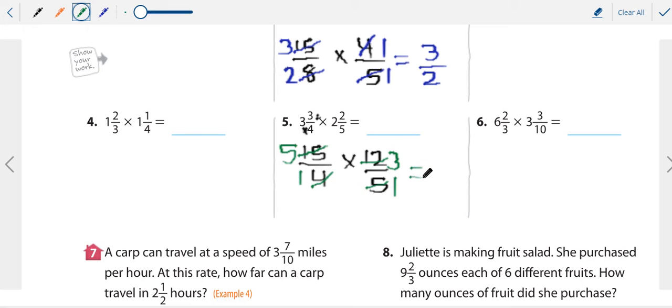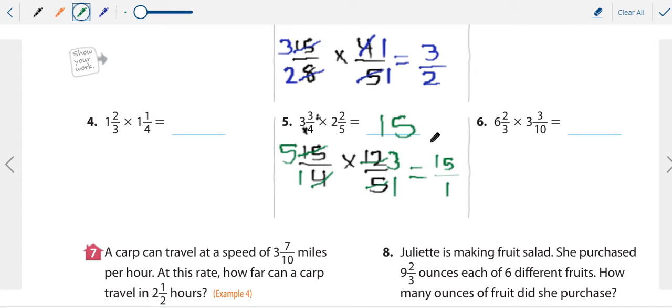Look at how this is going to work out. 5 times 3 is 15. 1 times 1 is 1. So 15 over 1, which means my answer should be 15.